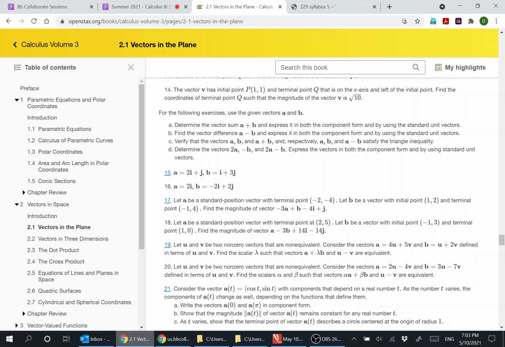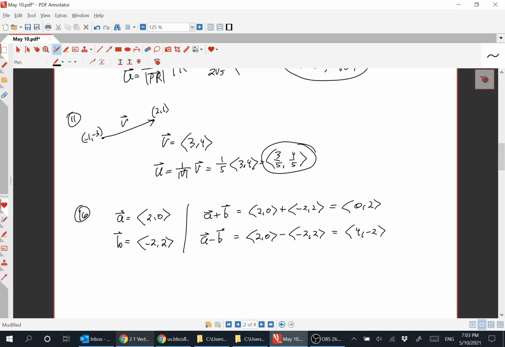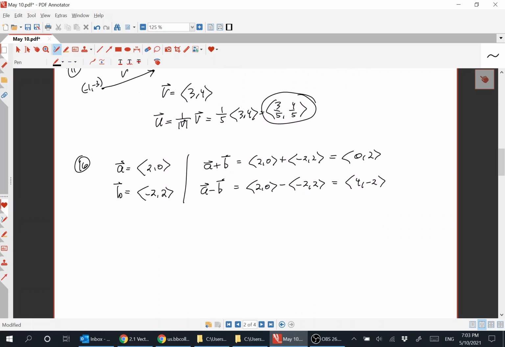Verify that they satisfy the triangle inequality. The triangle inequality, I think I did not cover that.